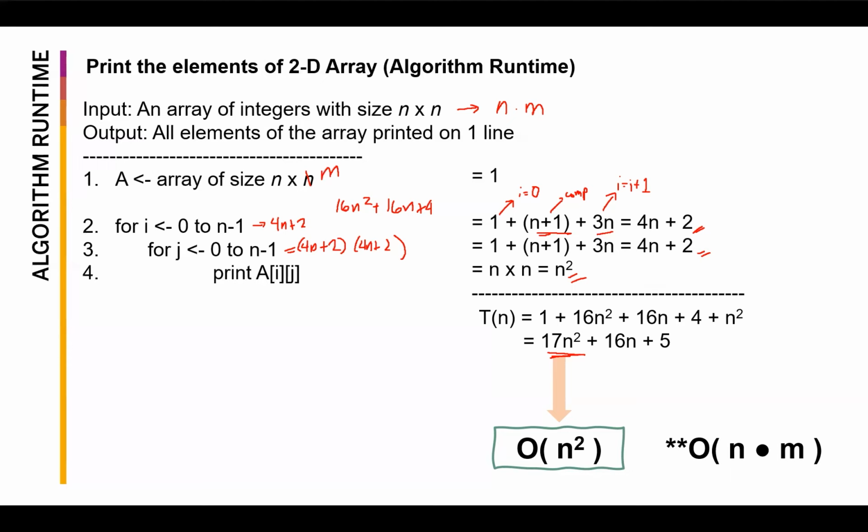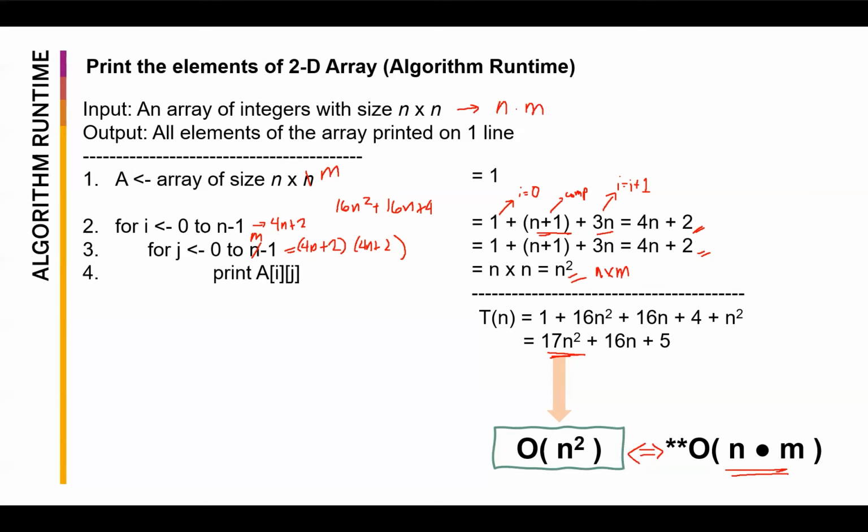So we simply change the number of columns from n to m. So that means that we will run the algorithm at n times m operations. So our big O can be O of n times m. But it's still the same as a quadratic function.